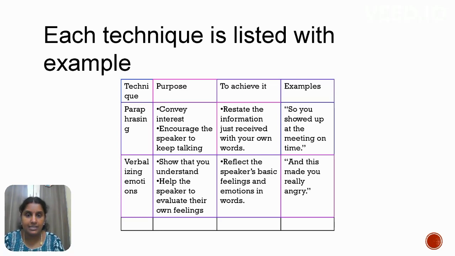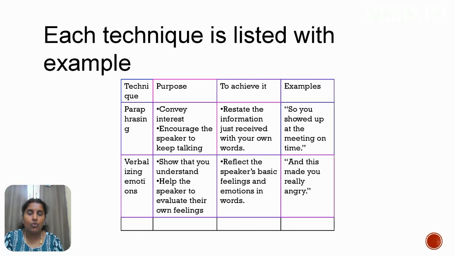In techniques of active listening, we have different types of techniques, like paraphrasing. This is a very important technique, not only in research but in speaking skills, listening skills, etc. The purpose of paraphrasing is to convey interest.